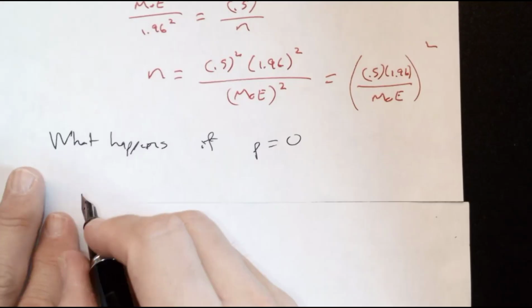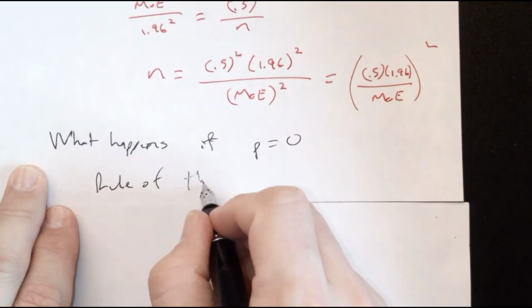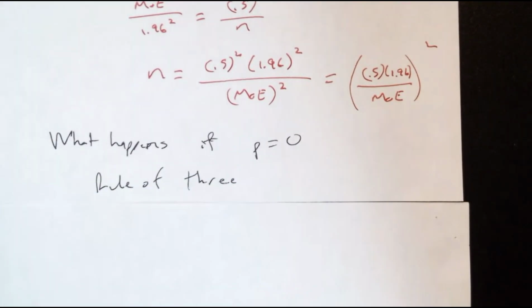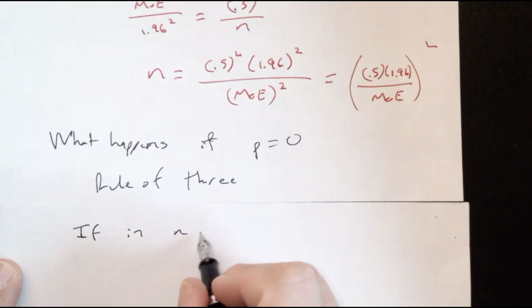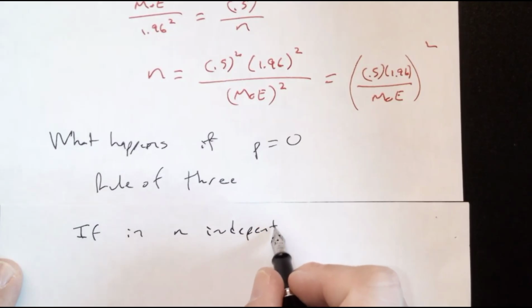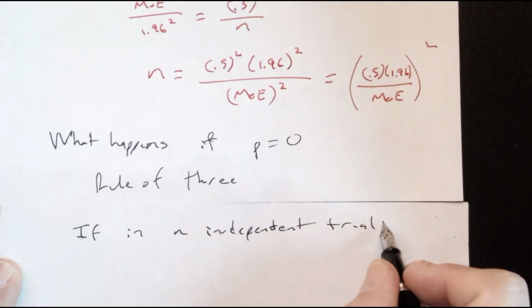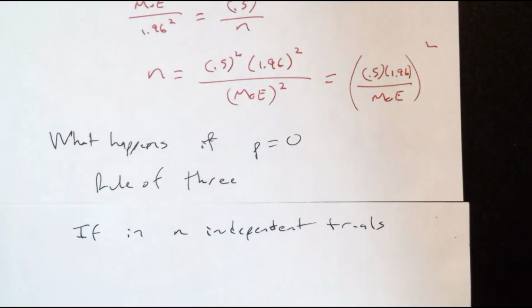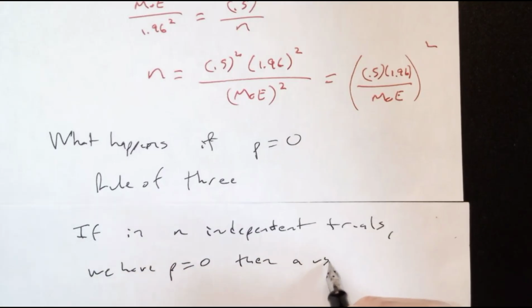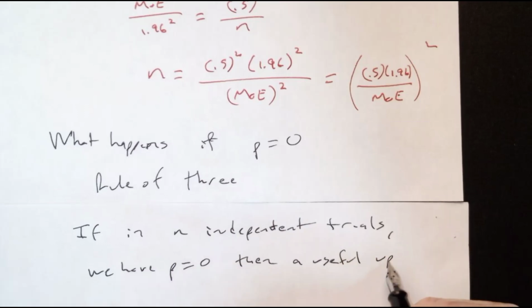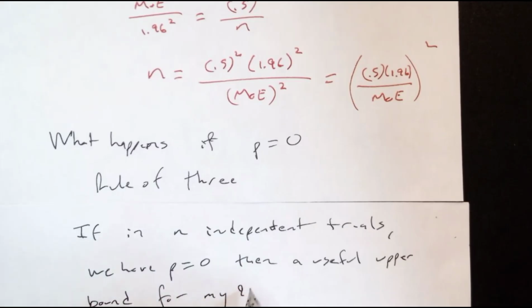So we have this idea called the rule of 3. If in n independent trials, survey questions, etc., we have p equals 0, then a useful upper bound for my 95% confidence interval is 3 over n.